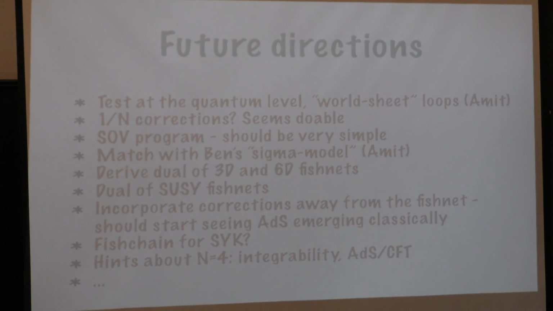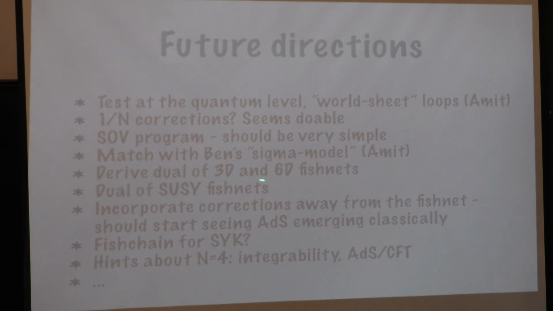Then, of course, the real challenge is 1/n corrections. That is where we expect gravitons to start interacting and all this stuff. Then we can also explore integrability from this simplified model, because integrability of the classical string was very useful, but it's mega complicated compared to the integrability of this model.